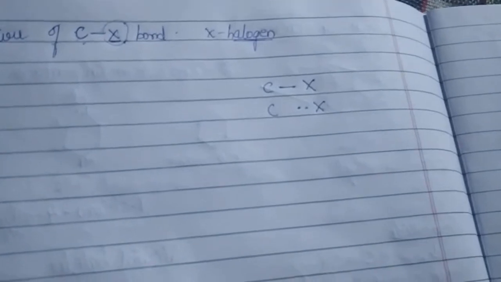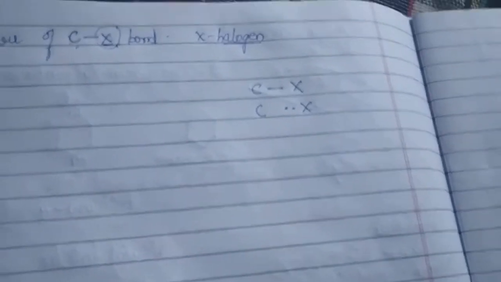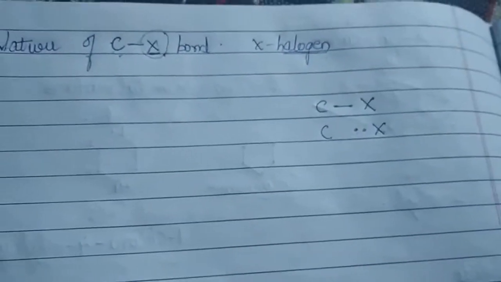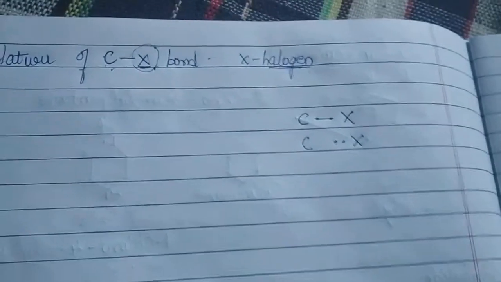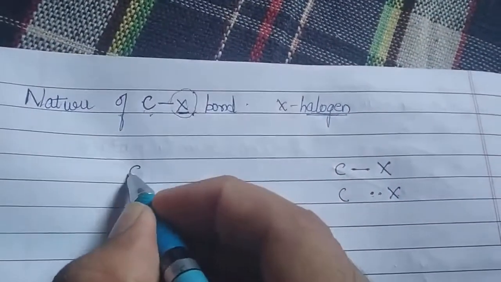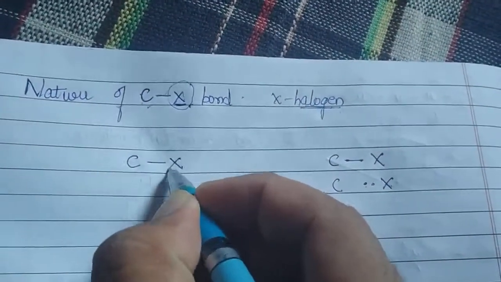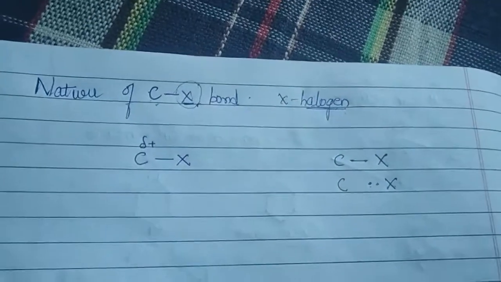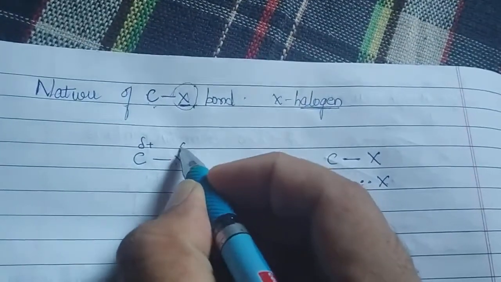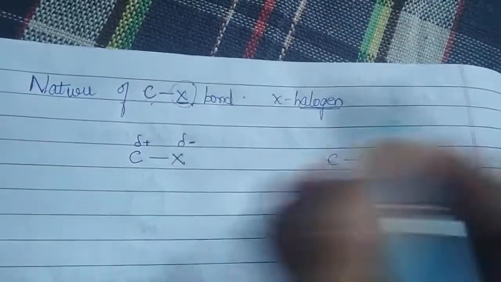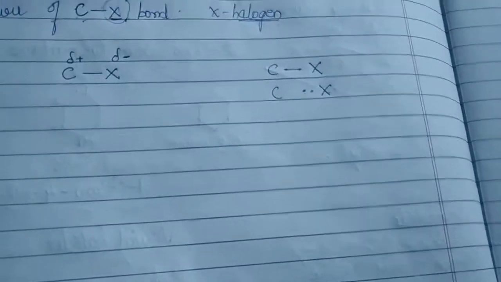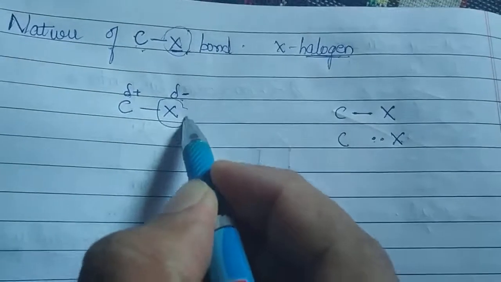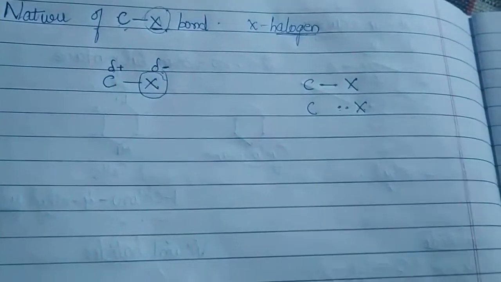So in simple words, the shared pair of electrons has moved towards the halogen, so within the bond we can see that carbon will have a partial positive charge and the halogen will have a partial negative charge. How does this charge arise? Only because of the higher electronegativity of your halogen.